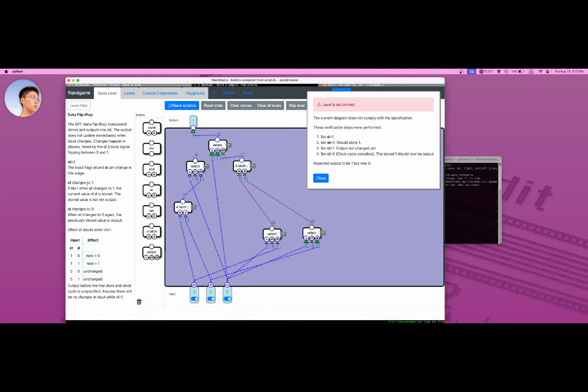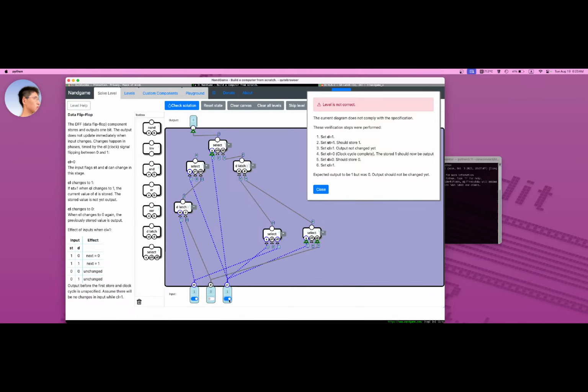When it is 1, output does not change. Okay, D is 0, should store a 0.